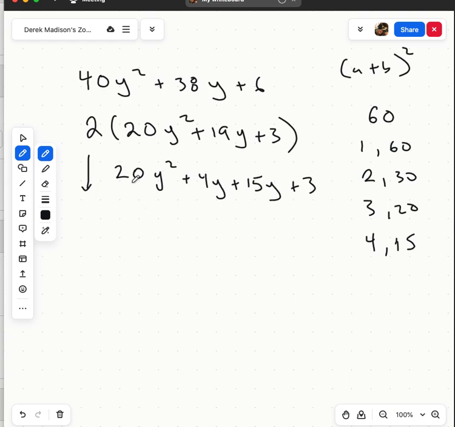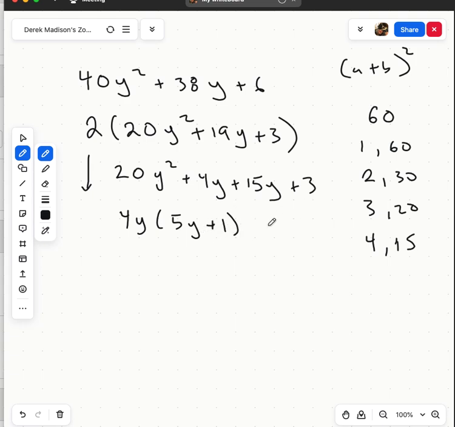And now it's kind of like the 7.1 problems where I got 4 terms and I can use grouping. So out of the 20y squared and the 4y, I can factor out a 4y. That would be my greatest common factor. And that will leave me 5y plus 1.